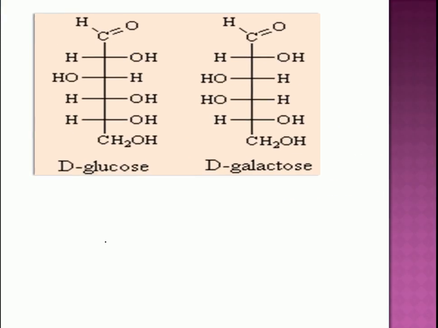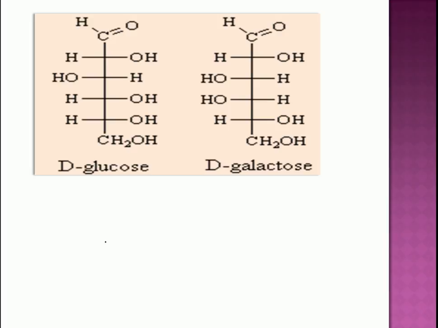Here we are going to analyze the structure of galactose first. Galactose is an aldo sugar, hence the first carbon is a carbonyl group, CHO, and the 6th carbon is a primary alcohol, CH2OH.